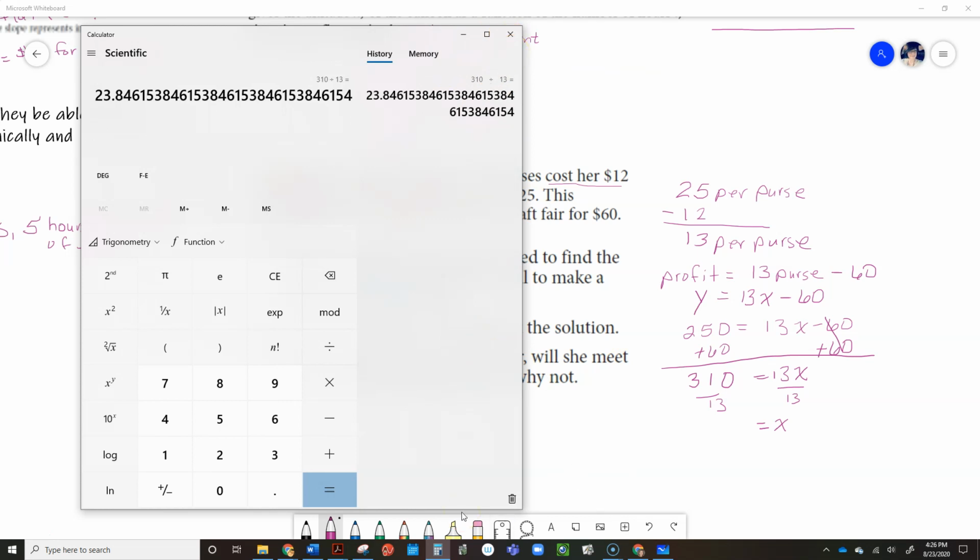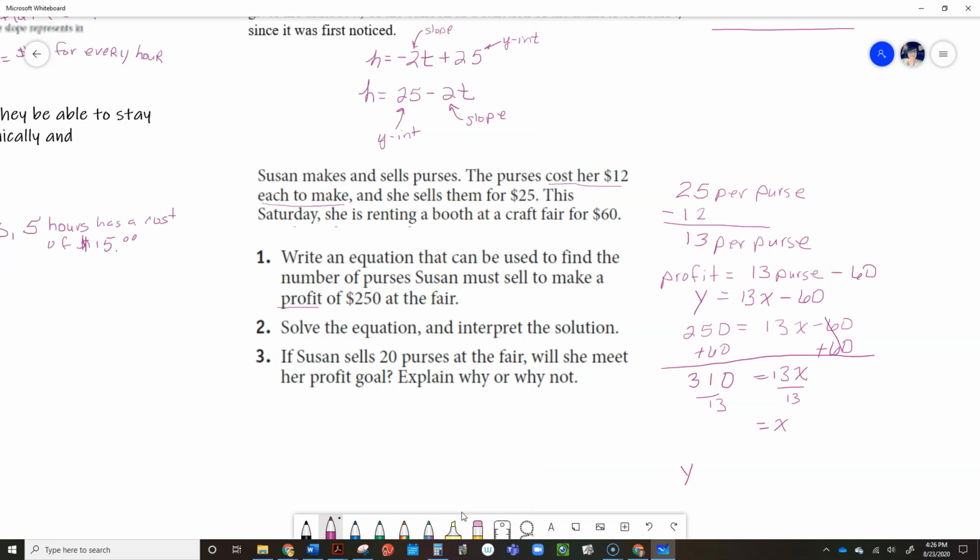Well, if we're not sure, then let's go right here and see what my profit is if I sell 23 purses. So my profit is 13 times 23, take away 60.